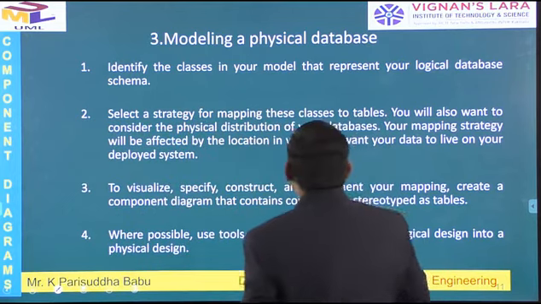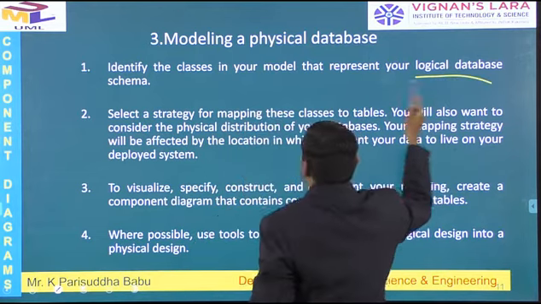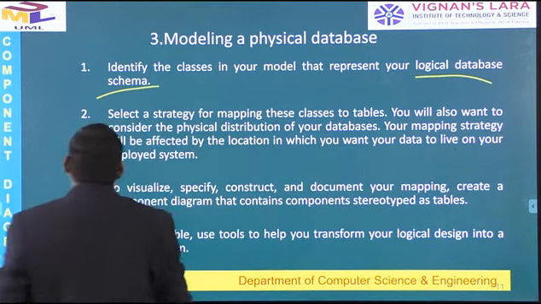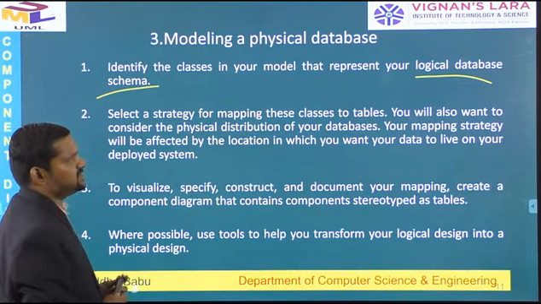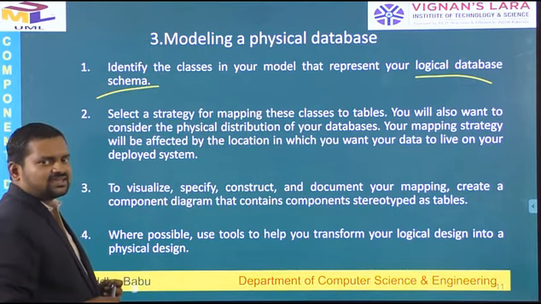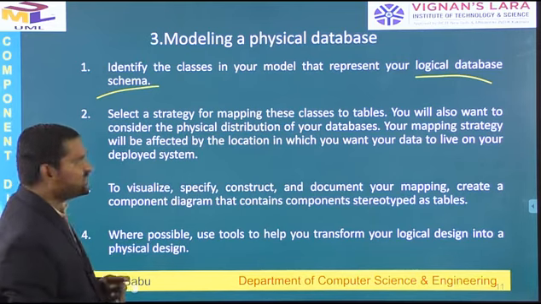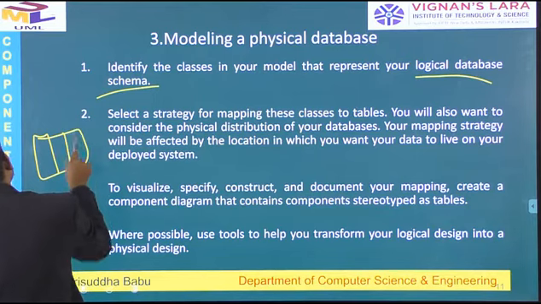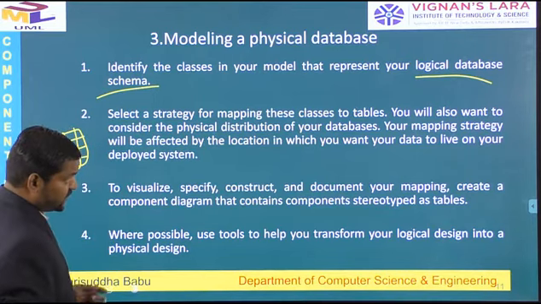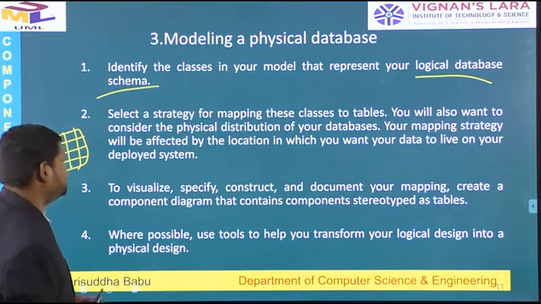For that database, you identify the logical database schema and select a strategy for mapping these classes to tables. Actually, how do we represent the data here? The data is available in some tables. You identify it and keep that data.